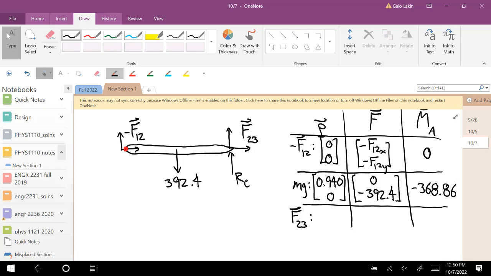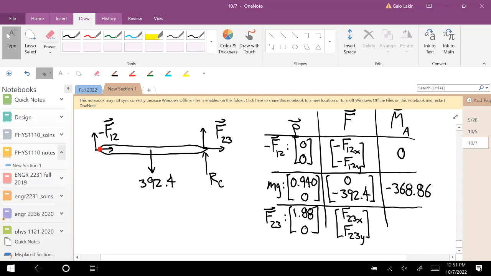So the rho vector is 1.88, 0. Force vector is F23x, F23y. And the cross product is 1.88 F23y.